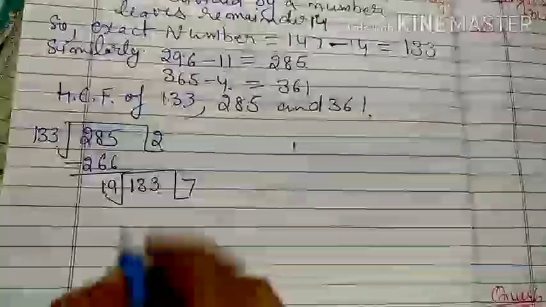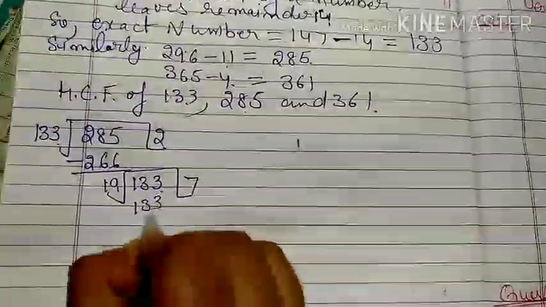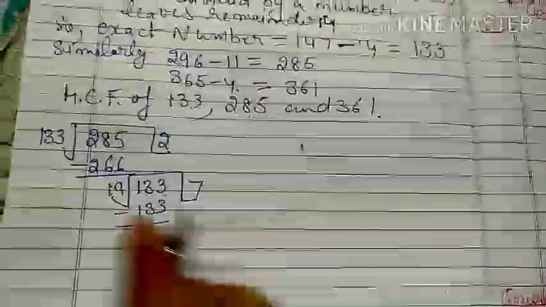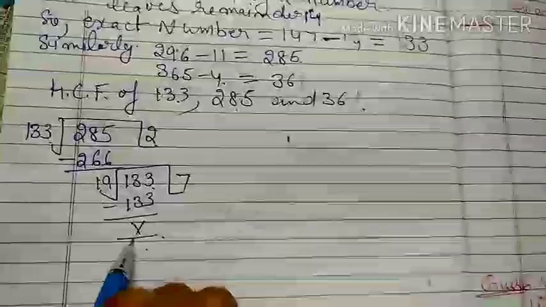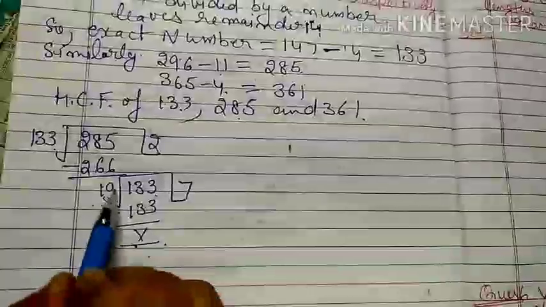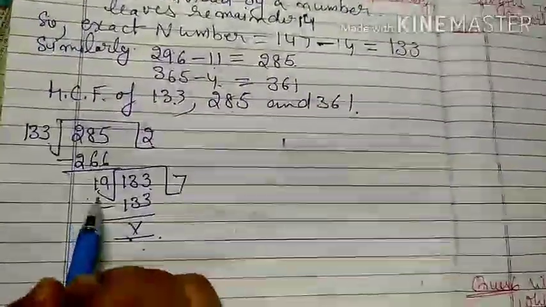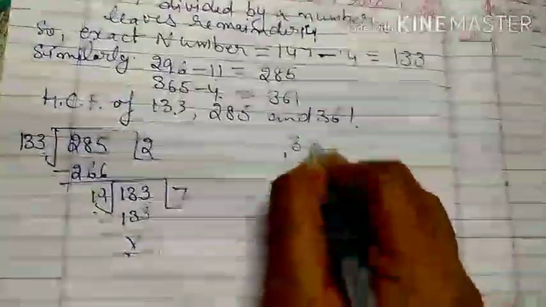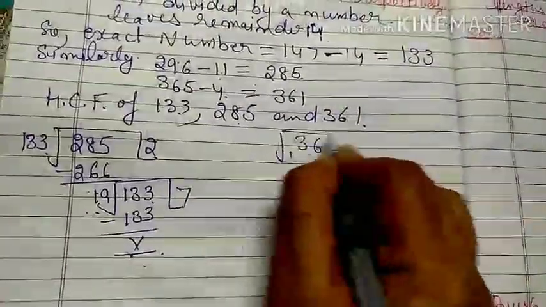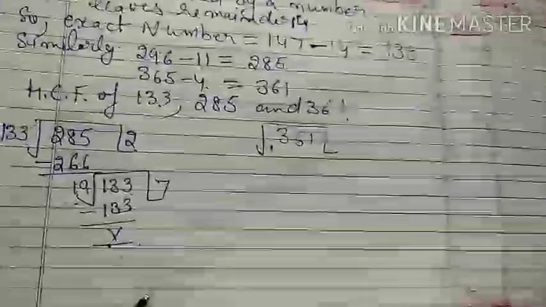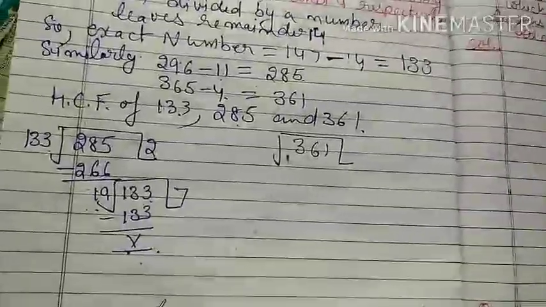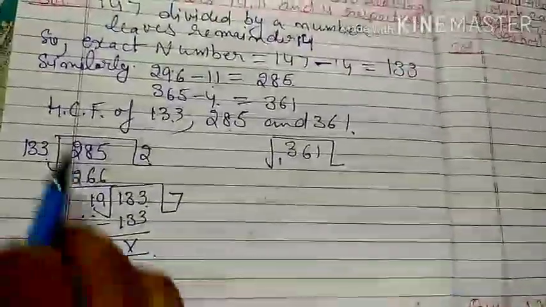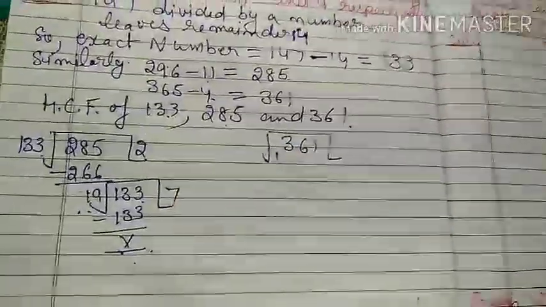Now 19 sevens are 133. So here my remainder is 0. If I get the remainder 0, that divisor is considered as the HCF, but I still have a third number. Now I check whether this is a divisor of the other number, giving remainder 0; that means 19 is the HCF of these three numbers.